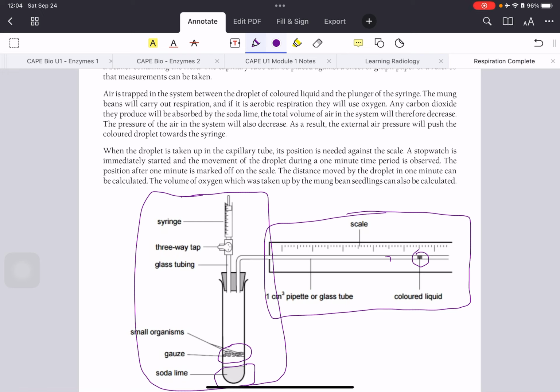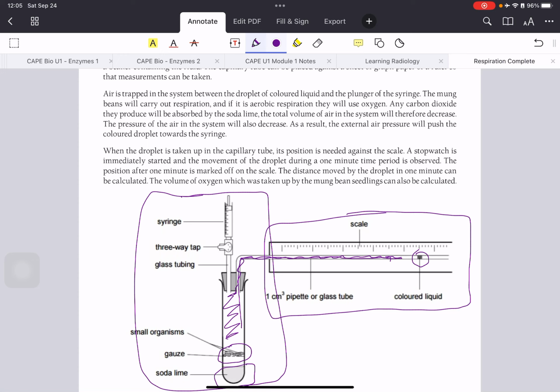Okay, so in this apparatus we have the air here, as I told you, right? So air is all over here, right? Now remember, respiration, aerobic respiration, uses oxygen. So all this and all this over here is air that is available for these organisms to use.